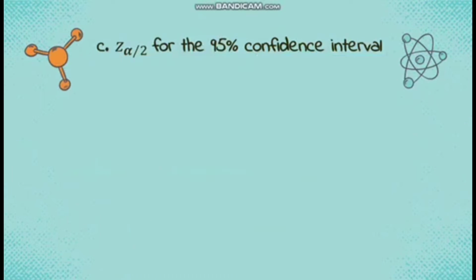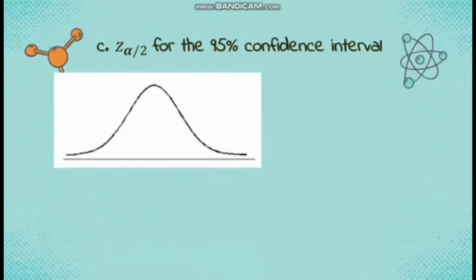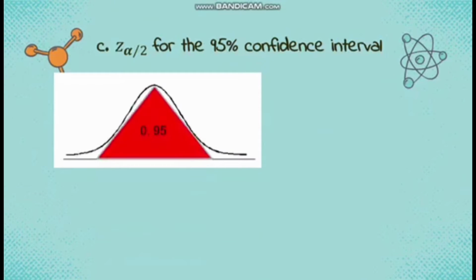C. Z sub alpha over 2 for the 95% confidence interval. By using the normal distribution curve between positive Z and negative Z, the area of this region based on the confidence level is 0.95.